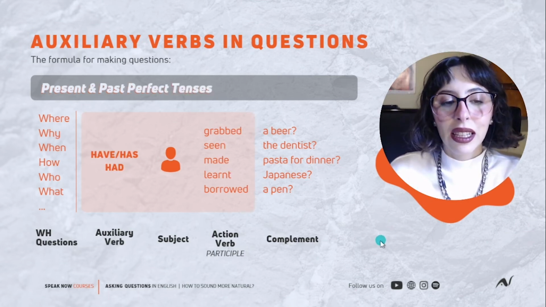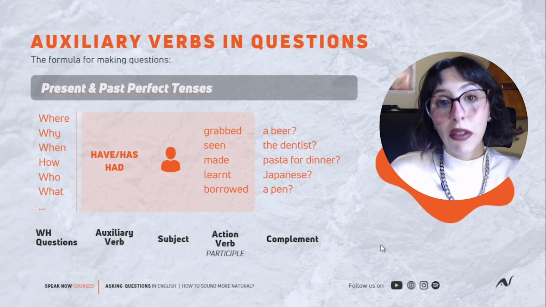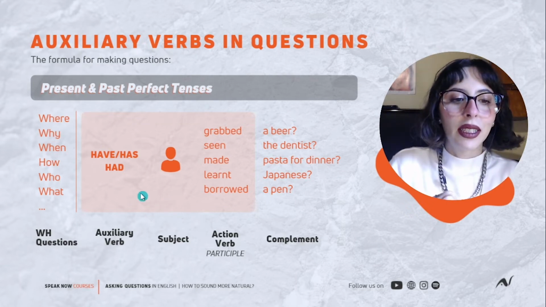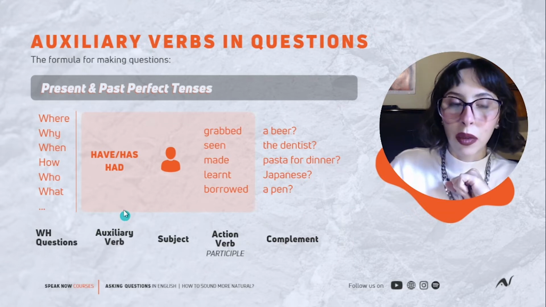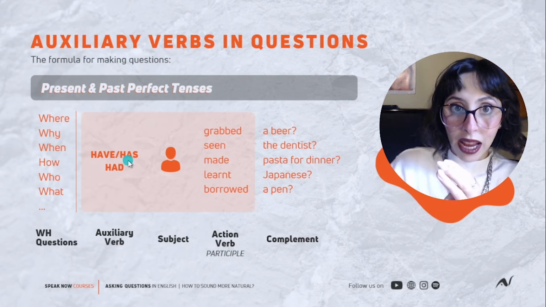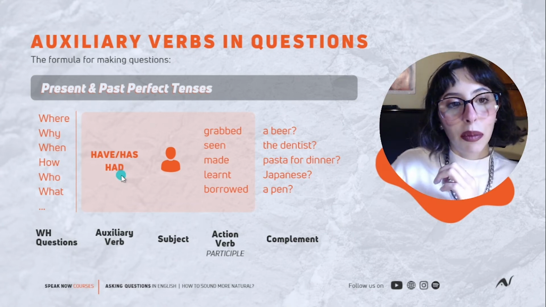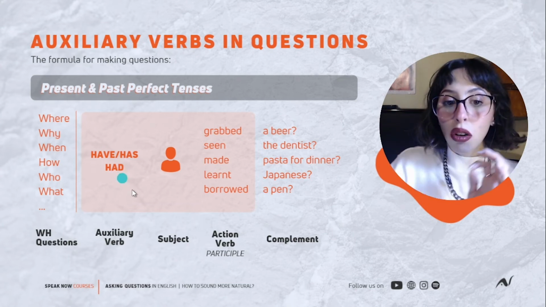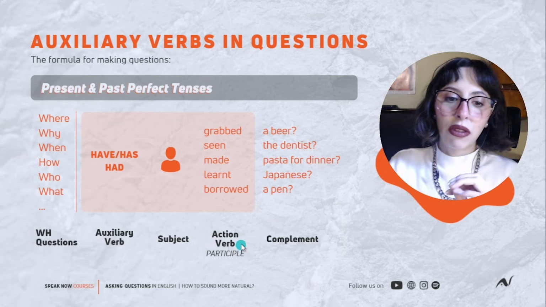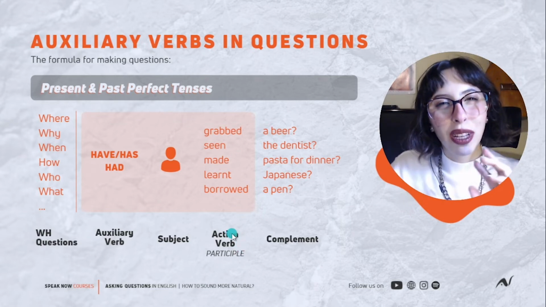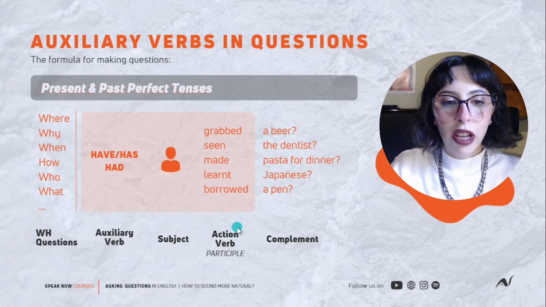You see, the auxiliary verb of perfect tenses in general is the verb have. In the perfect tenses, it works as the auxiliary verb. In the third person, has, so have or has, it's present perfect, and past perfect auxiliary is had. Also, pay attention to the action verb form. In the perfect tenses, it's the participle form, which means it's the third column of the verbs.